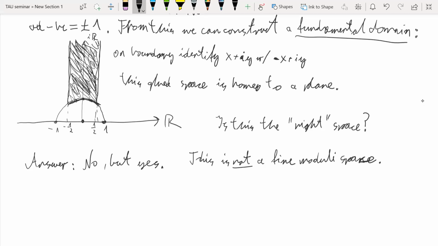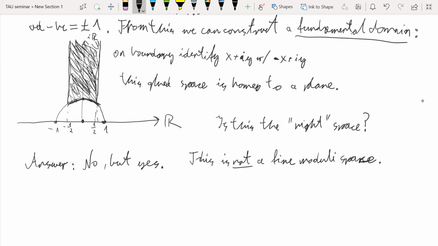So for example, if we consider multiplication by -1, then every lattice is going to be mapped to itself. And it turns out that for the purposes of moduli spaces, such automorphisms are going to be an issue. Whenever you have non-trivial automorphisms, the fine moduli space is very likely to not exist.